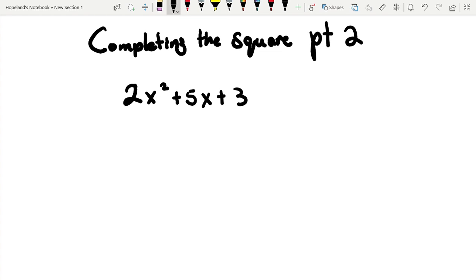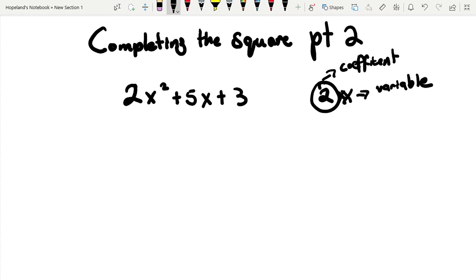So just to illustrate, I'll use the expression 2x. In this case, the 2 is the coefficient of x, while the x is the variable that's being multiplied by 2, or is multiplying 2.